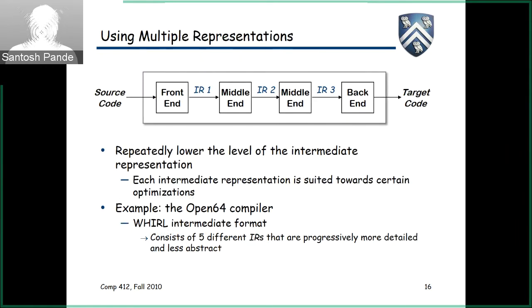So to conclude, we have different levels of IRs present in our compiler world. Typically ASTs, followed by quads, followed by hierarchical quads, followed by SSA. And we don't stop here.